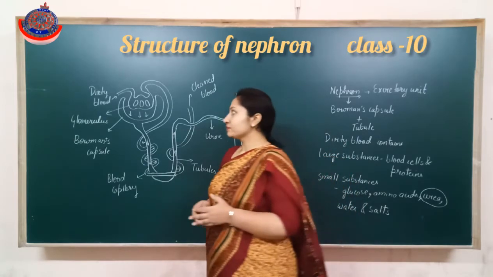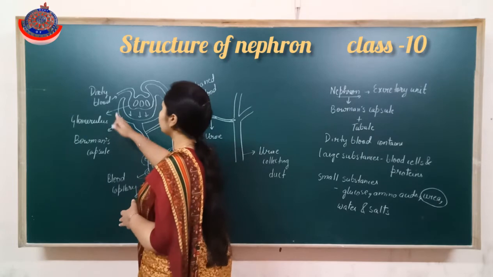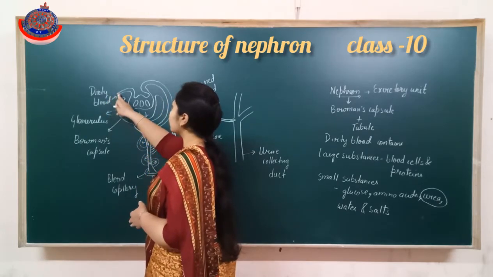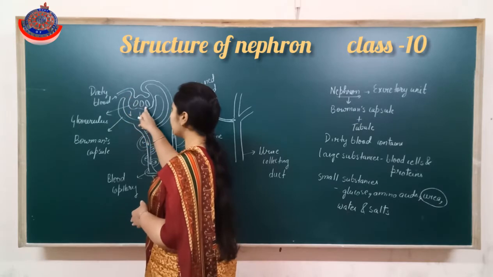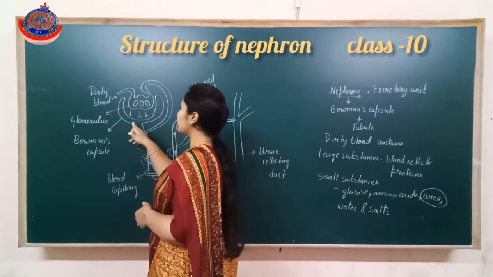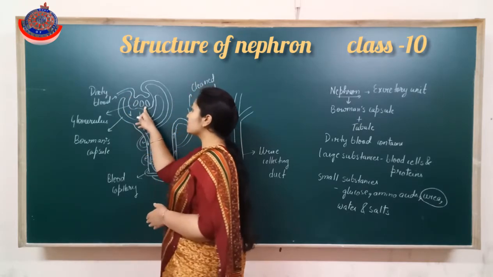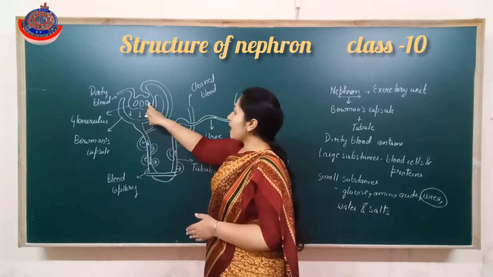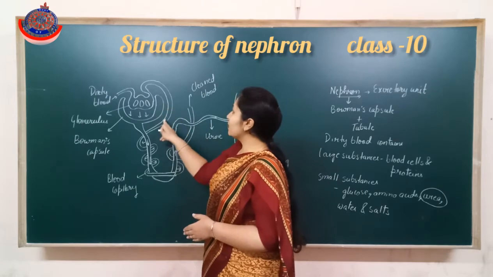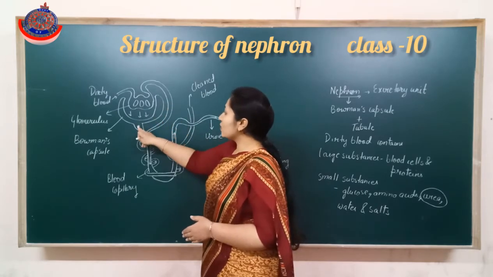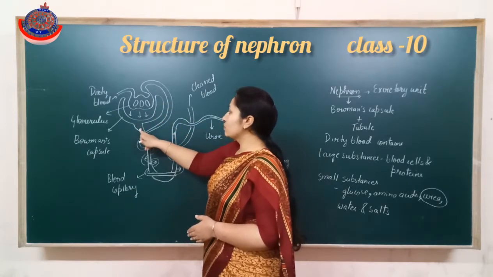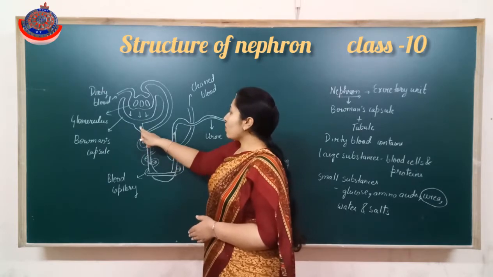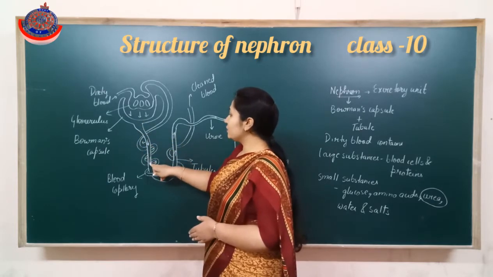Let's see again. When the dirty blood from the renal artery enters the glomerulus, after filtration what happens? The large substances remain in the glomerulus only, and they enter this blood capillary. And the smaller substances including glucose, amino acids, urea, water and salt enter the tubule.